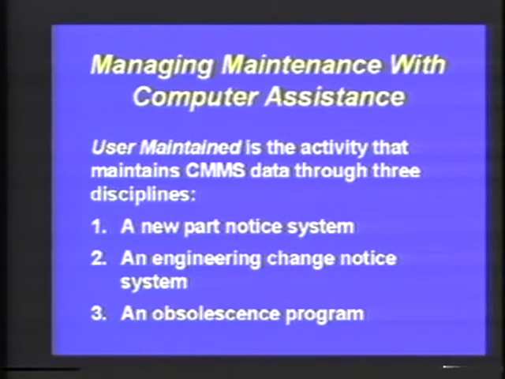I have seen too many storerooms that are loaded with obsolescence, and the key requirement to eliminate obsolescence is to have naturally a good obsolescence program in place. And here we need what we call the spare part equipment where used list, which is in the third section of the notebook. So those are the three major, let's call them planning applications for CMMS.